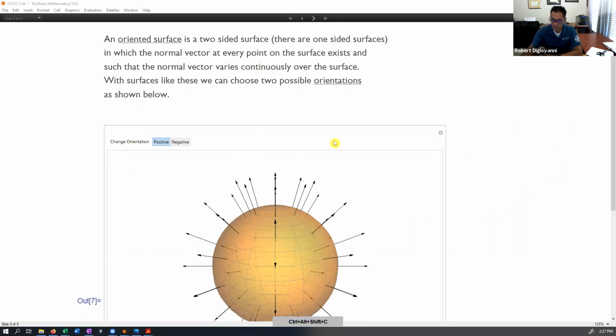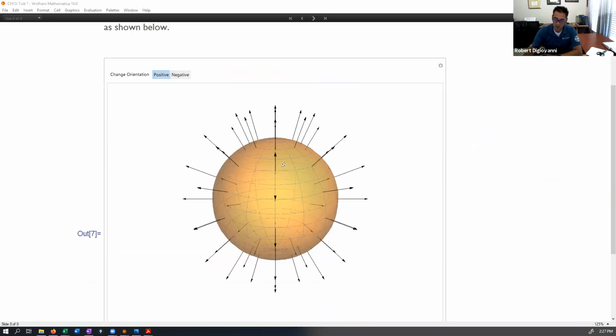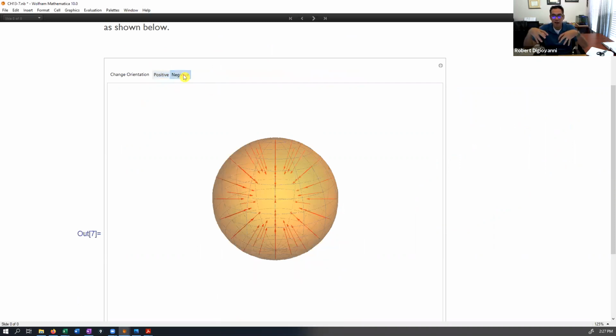For a sphere, which is a closed surface, positive orientation is where we're looking at all the normal vectors as pointing away. And negative orientation is when we look at it as all the normal vectors pointing into the inside of it. Okay, so for every closed surface, there's either positive out or negative in.